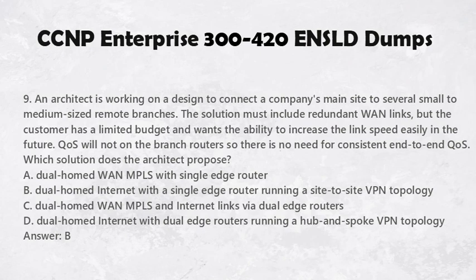A. Dual-homed WAN MPLS with single-edge router. B. Dual-homed Internet with a single-edge router running a site-to-site VPN topology. C. Dual-homed WAN MPLS and Internet links via dual-edge routers. D. Dual-homed Internet with dual-edge routers running a hub-and-spoke VPN topology. Answer: B.